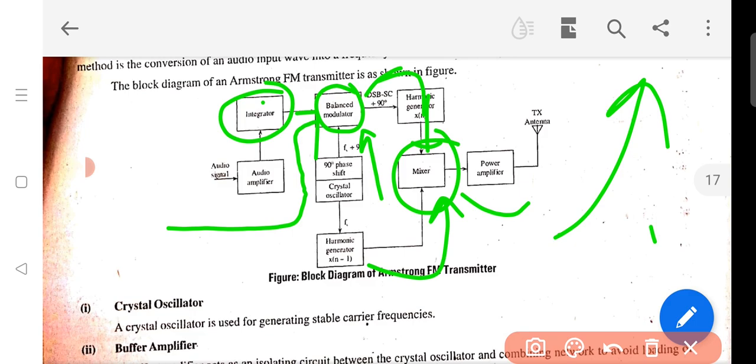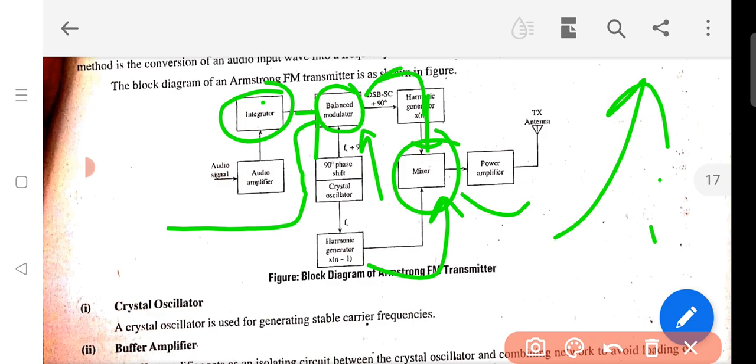Here we concluded the transmitter sections, all the transmitters mentioned in the syllabus. From the next classes we will discuss the receiver types, the AM receiver and FM receiver, in later classes. Here we concluded the types of transmitters.